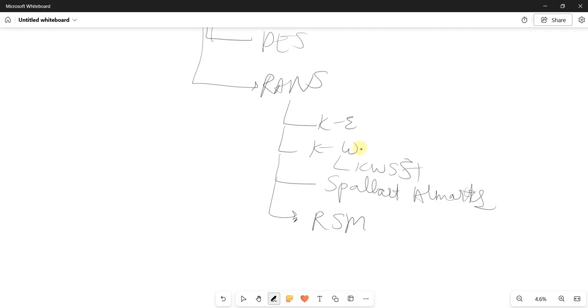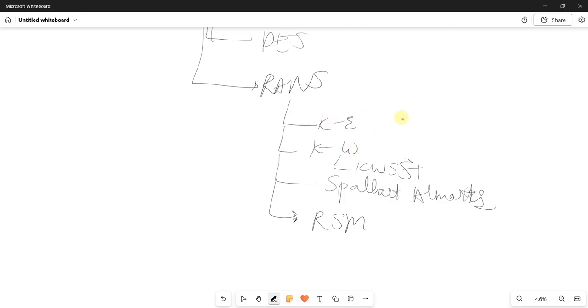Here you have K omega, where omega is the specific dissipation rate, and K is your turbulent kinetic energy. K omega is used for near walls. It's very highly efficient. So you have your y plus less than or equal to 1, and K omega SST is where you use K epsilon away from walls and K omega near walls.